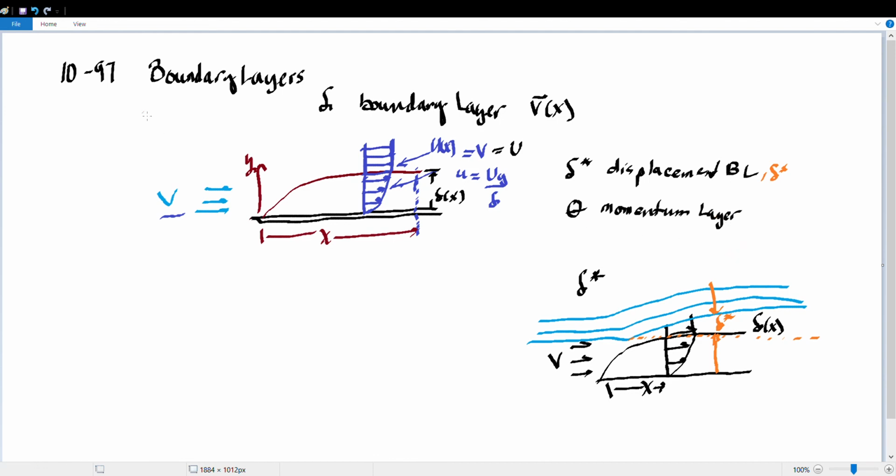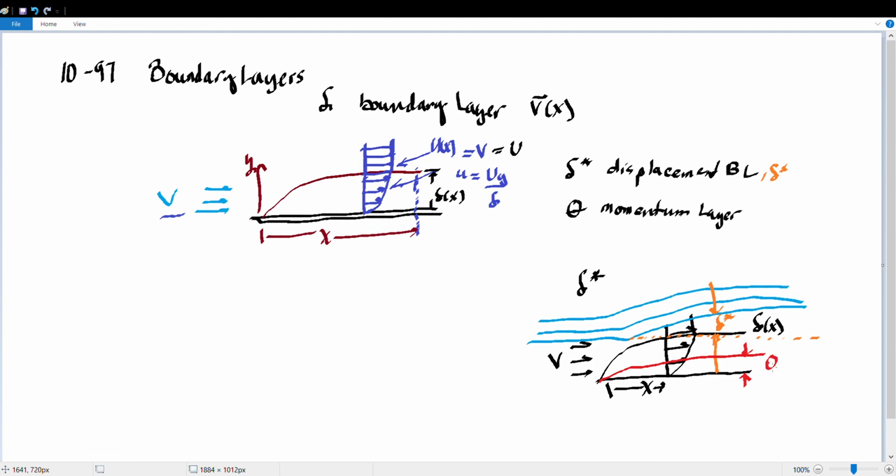Now the momentum boundary layer is a little harder to explain. It has to do with the boundary layer causing some momentum shift that affects the shear stress on the plate. It can be modeled as another, thinner layer, less than the velocity boundary layer, the delta, the black one.